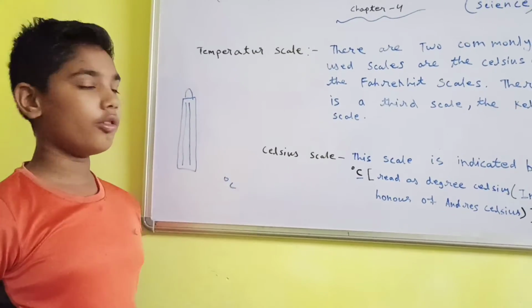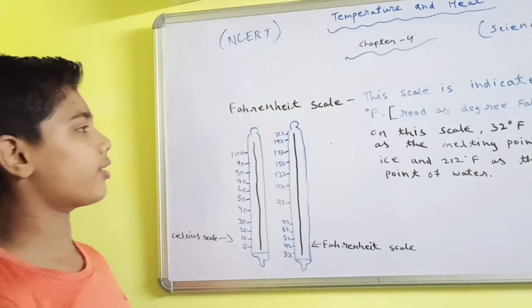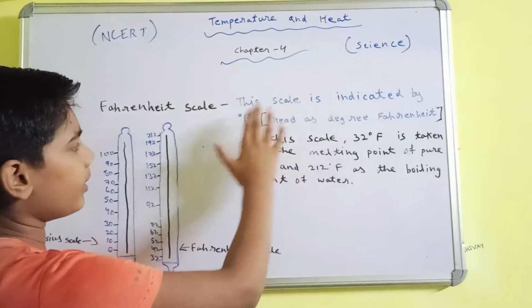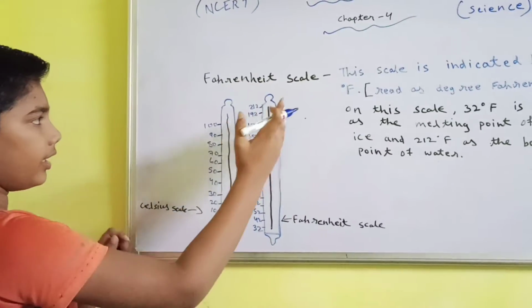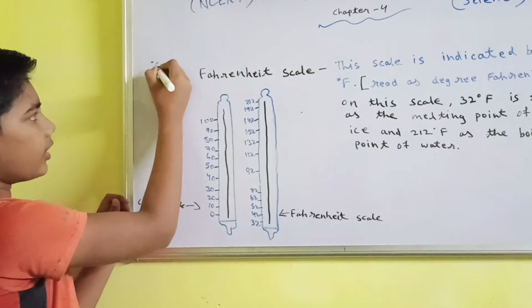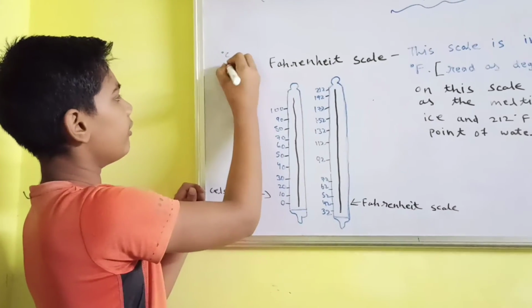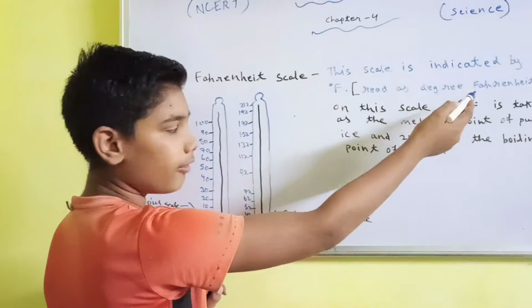So now we will move on to the Fahrenheit scale. This scale is indicated by degree Fahrenheit. As we studied in the Celsius context, we write degree Celsius, so for Fahrenheit we will write degree Fahrenheit, and we will read it as degree Fahrenheit.